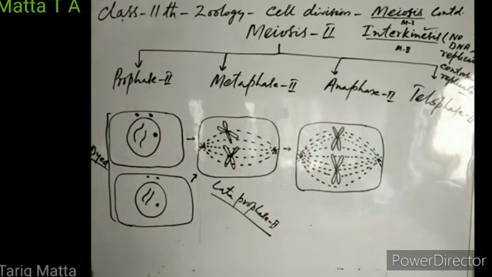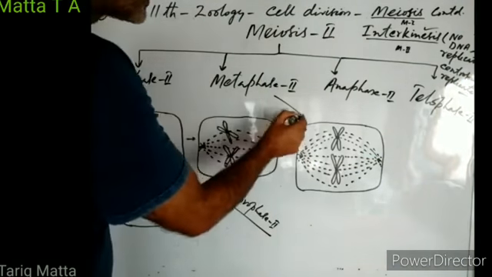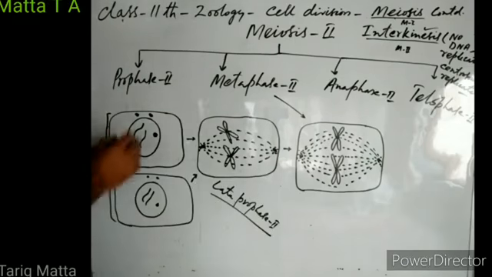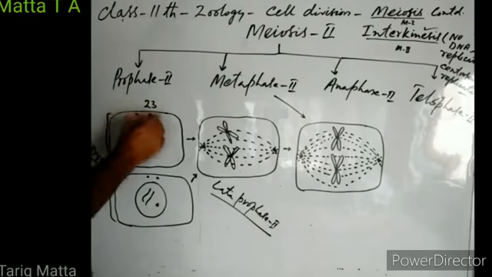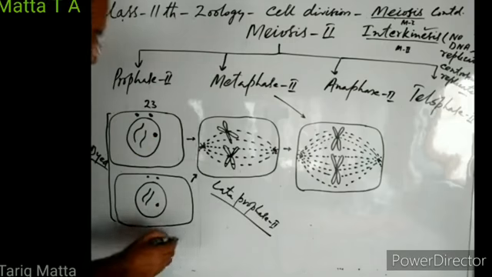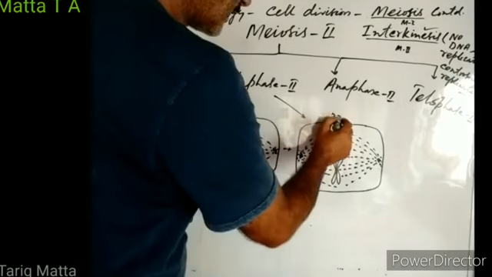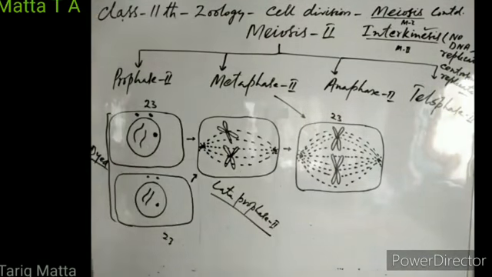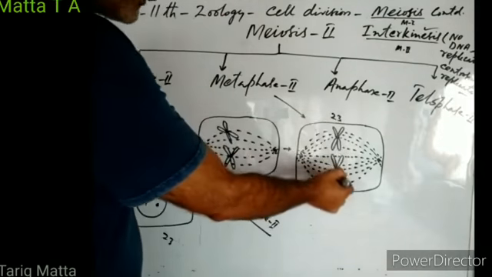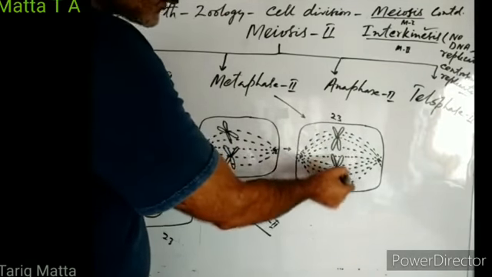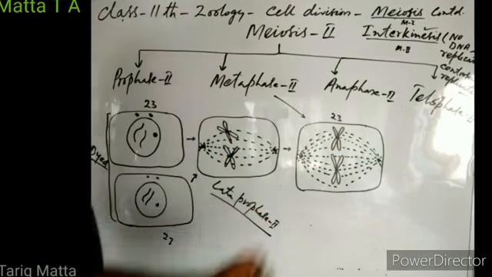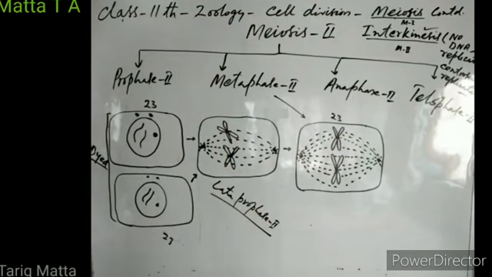Right? So this is metaphase second. We had 23 chromosomes in this cell, 23 chromosomes in this cell, aligned perfectly around the equator of the spindle in human cells. And chromosomes become most highly condensed. They are thickest at this stage, right?